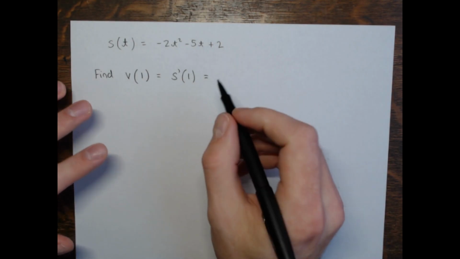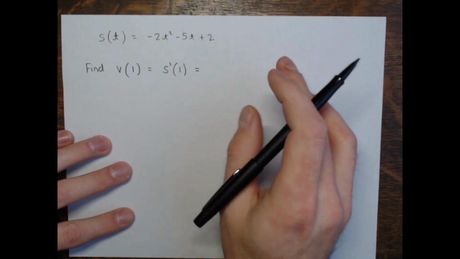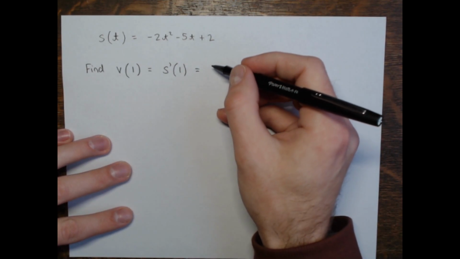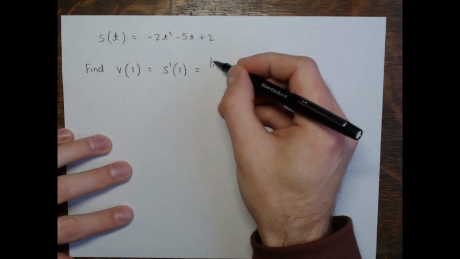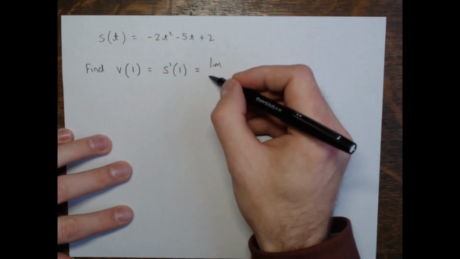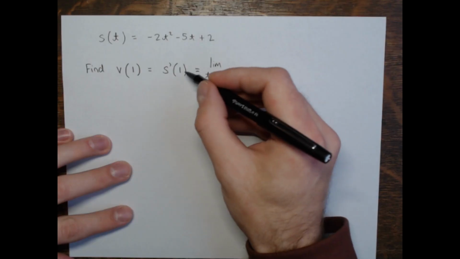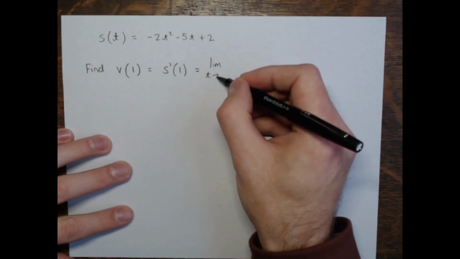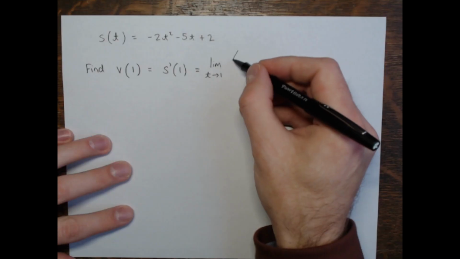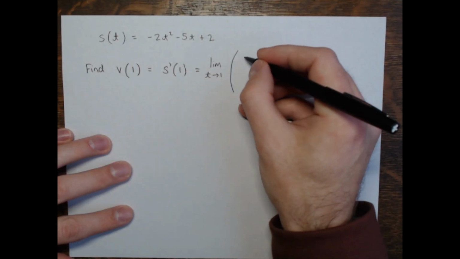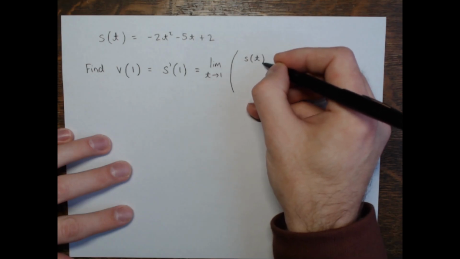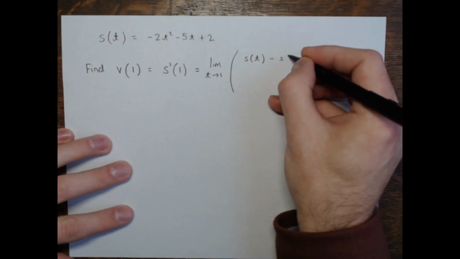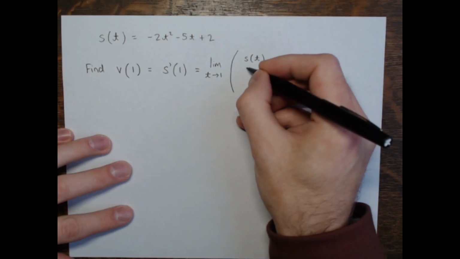So like I said before, I like using the first definition a lot more than the second one, so I'll keep doing that. So I'm going to take the limit. So I take a time called t that's not 1 and have it approach 1. So the limit as t approaches 1 of the position at time t minus the position at 1 second.